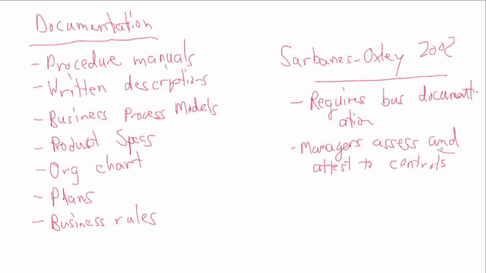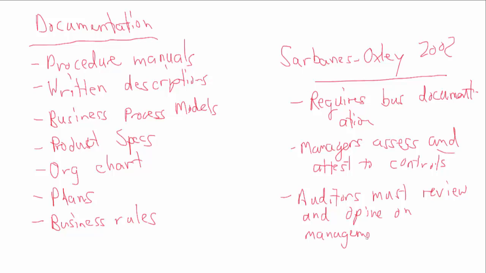So how well are controls implemented throughout the organization? Auditors must review and opine on management's assertions regarding those controls.